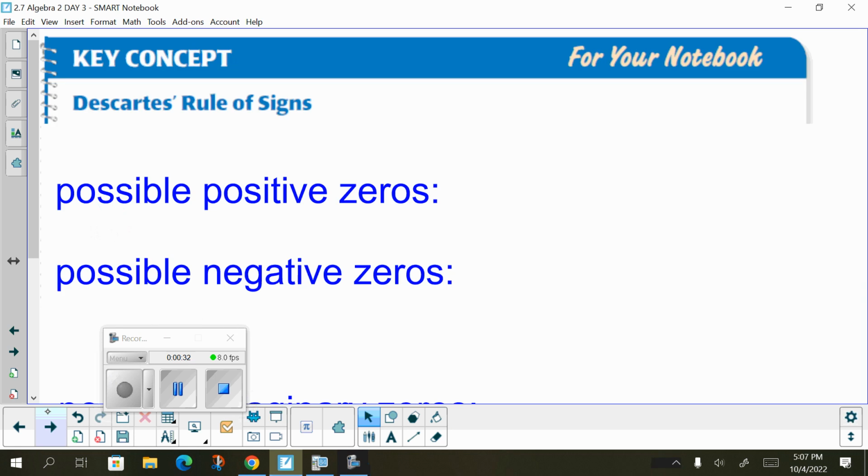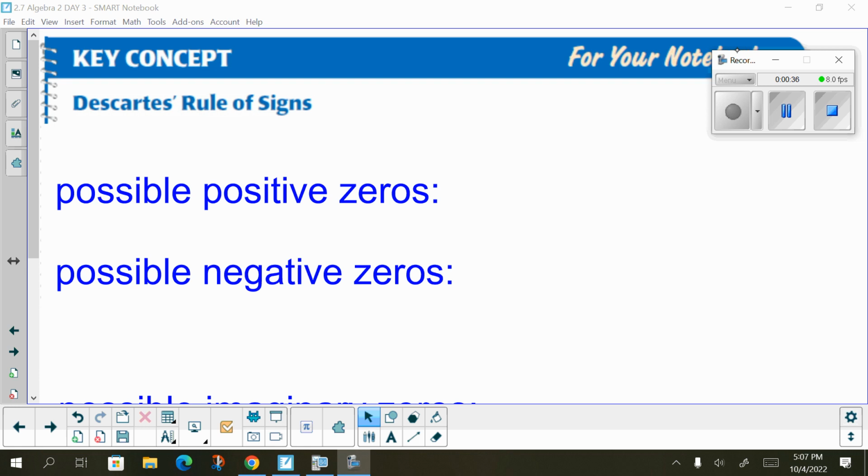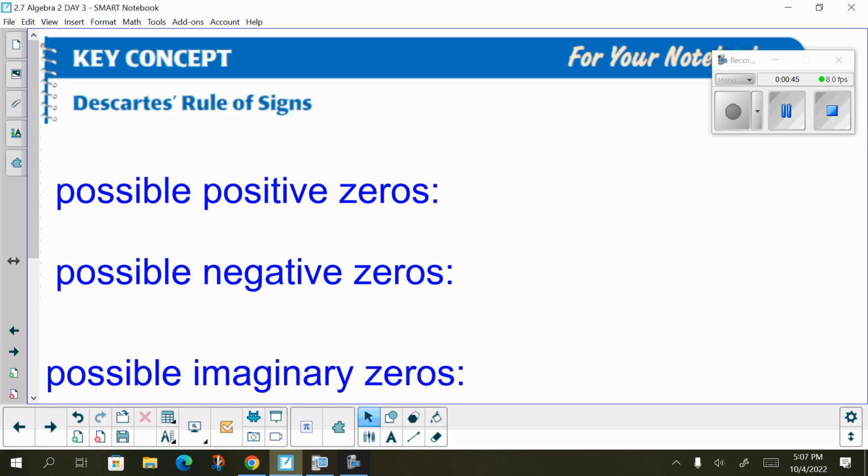So, René Descartes' rule of signs is basically a way for you to discover what type of possible solutions a polynomial will have. You can find the possible positive solutions by counting the sign changes in the polynomial from left to right.